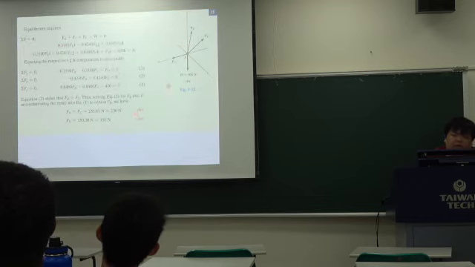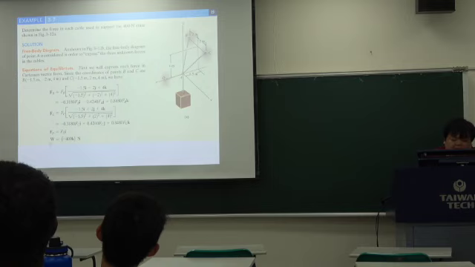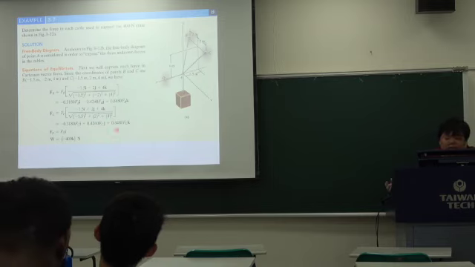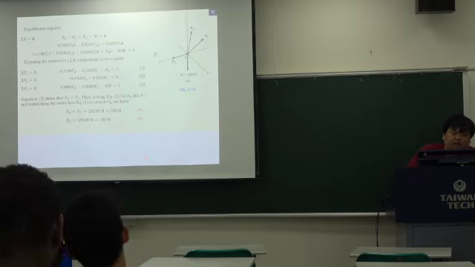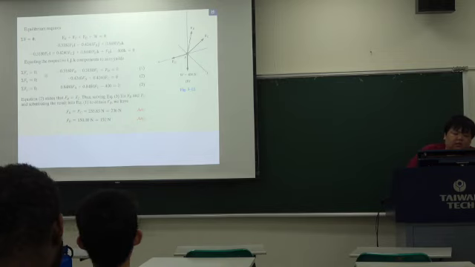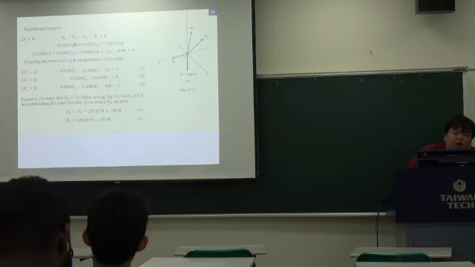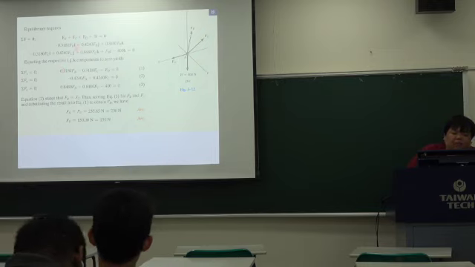Okay, then we can sum every force together because it's static. So the sum of every force is equal to zero. Then we can use the summation Fx equals 0. Just sum the i part.